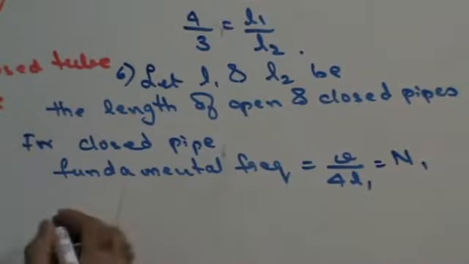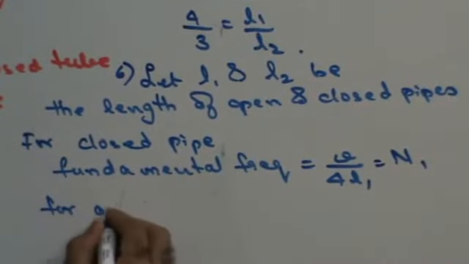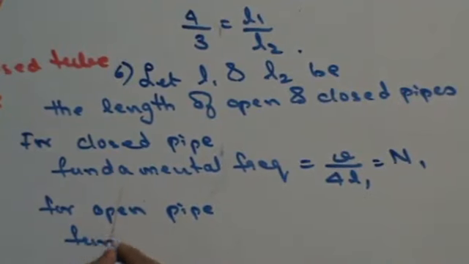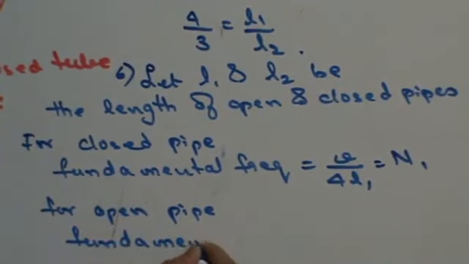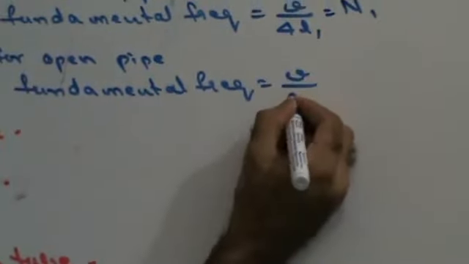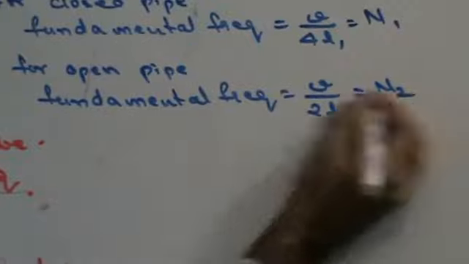We will call this N1. For an open pipe, the fundamental frequency is given by the formula V upon 2L2. We will call this N2.